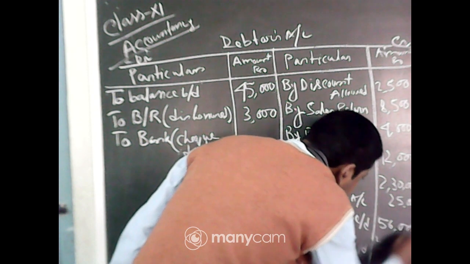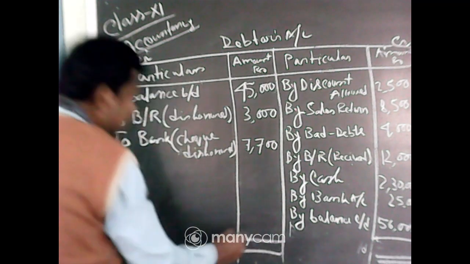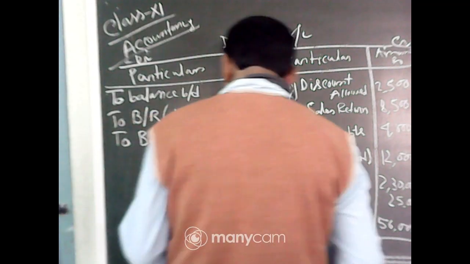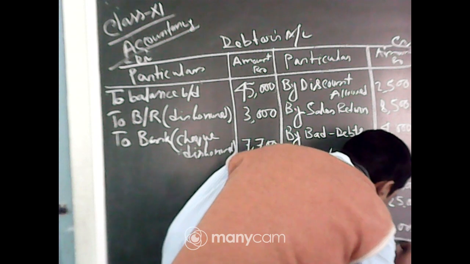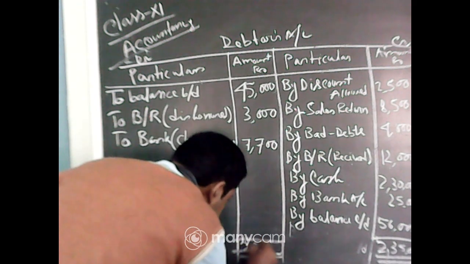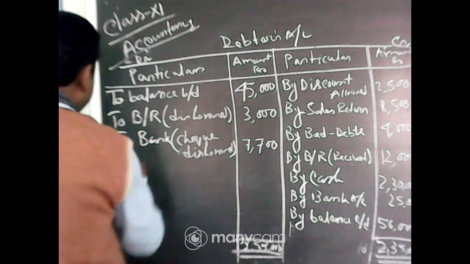So credit balance will be more, and you just sum up the credit side. That is a total of 2,35,000. Now what is the balancing figure?